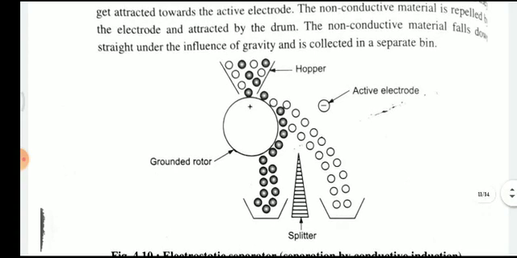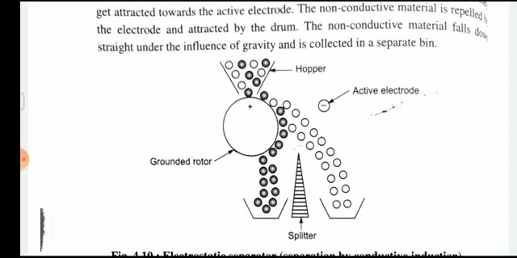First of all, the hopper is a type of funnel where the feed material is entered, and at the bottom there are two vessels in which they are separated. The dark black balls or particles are positively charged, and the plain hollow circles are negatively charged.